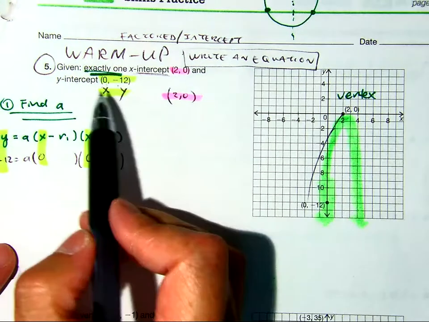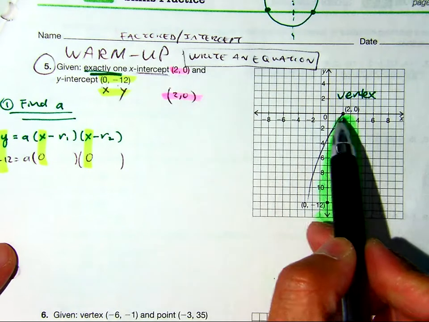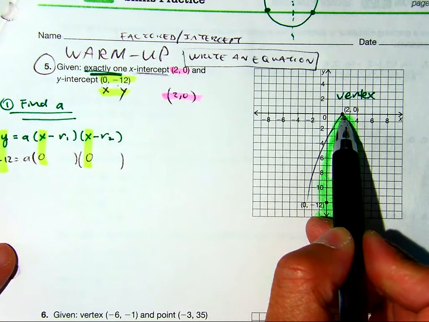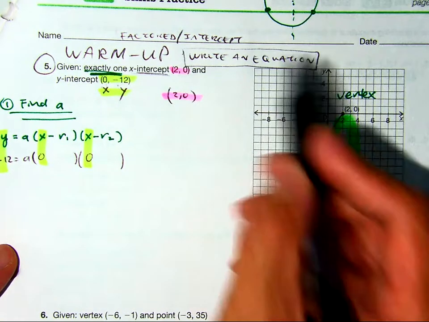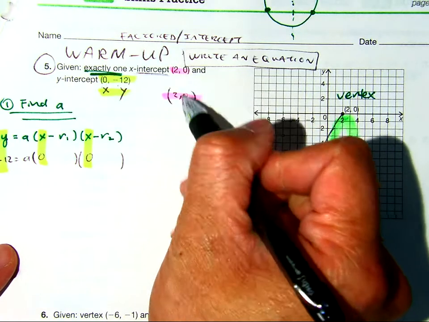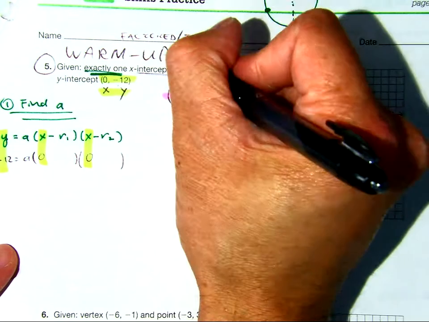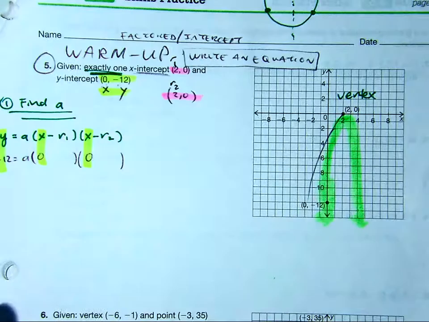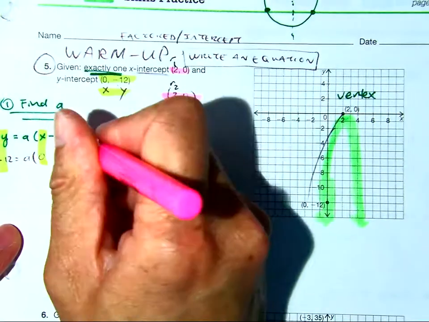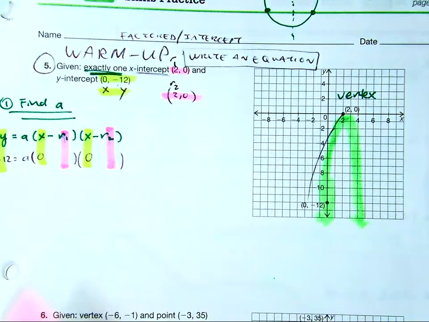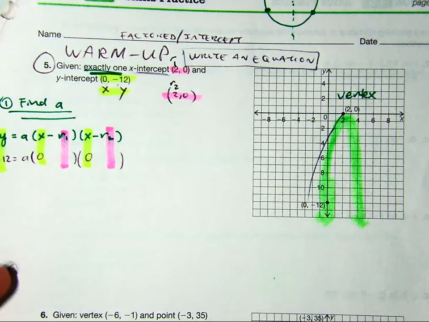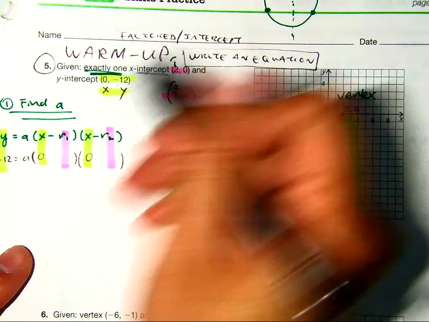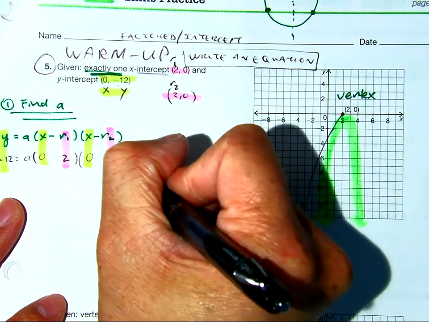Because there is exactly one x-intercept, they call this a double root, and if it's a double root, you actually have two x-intercepts that are basically the same. So we're going to call this your r1 value, and this one your r2 value. So let's put those in. I'm going to put a 2 there, and a 2 here.